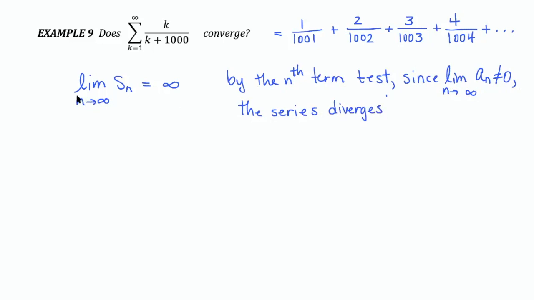Rather than just looking at the partial sums and saying, I think it diverges, this is more conclusive. So this would be preferred: we use the nth term test. Furthermore, it does appear that the limit as n goes to infinity of the a sub n's is 1. Again, we don't need to know that. All we need to know is that the limit is not 0.